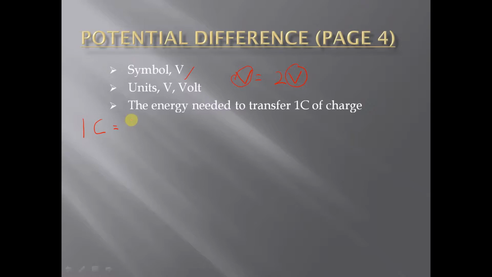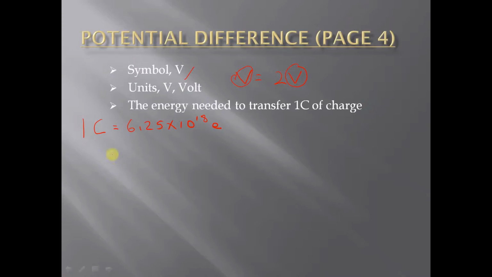Okay, still remember, that's good for you, which is 6.25 multiplied by 10 to the power of 18 electrons. That's a group. So you might understand that an electron is a particle. When you want to move a group of particles from one place to another, you need energy to do that. So that is the idea of the voltage.